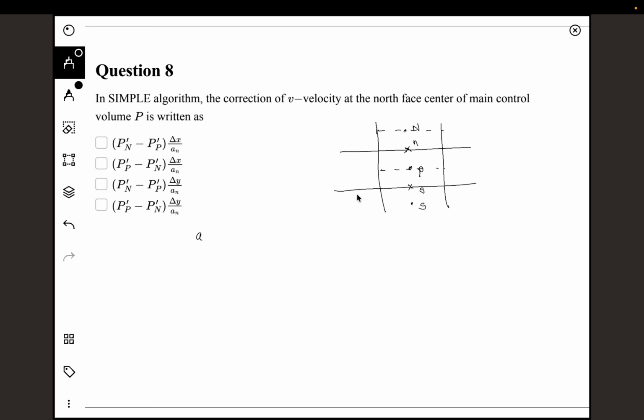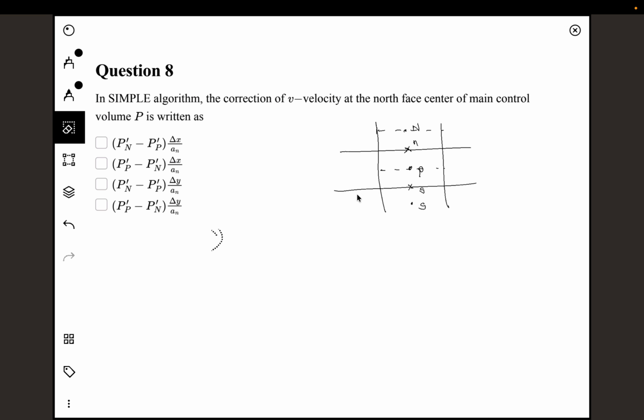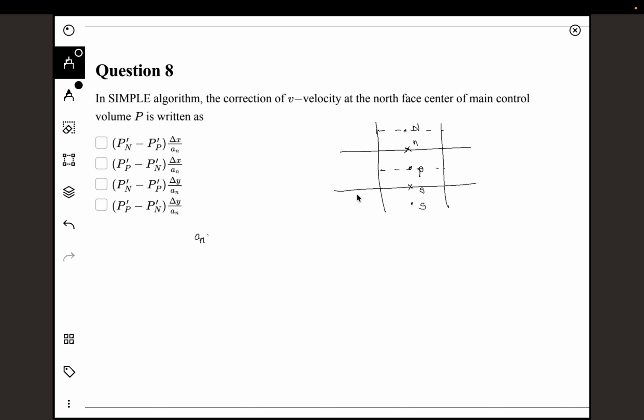So the equation for V velocity will be Vn prime equals sigma anb Vnb prime, minus, instead of A naught, I'll just write it as delta x, del P del y, which will be Pn prime minus Pp prime.